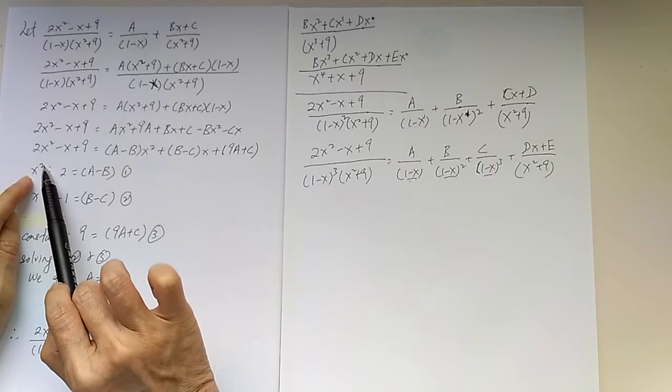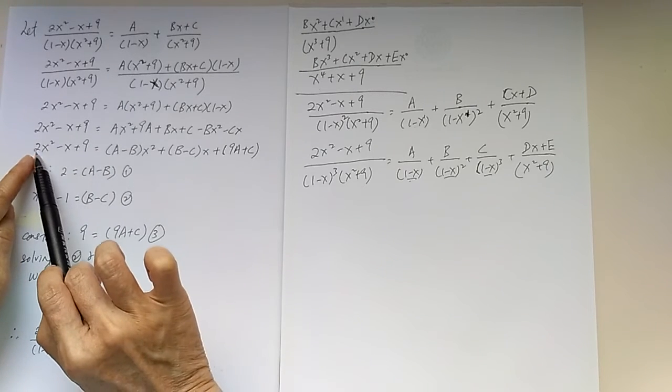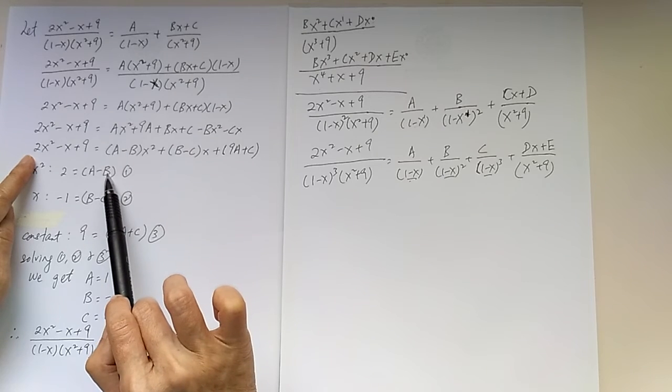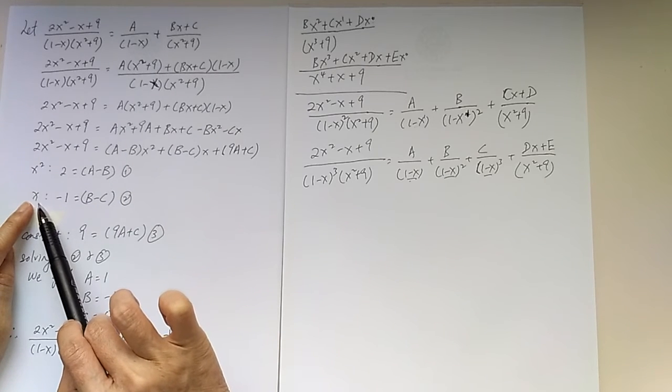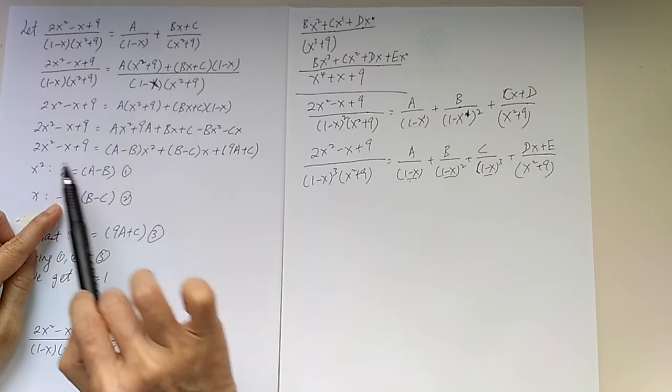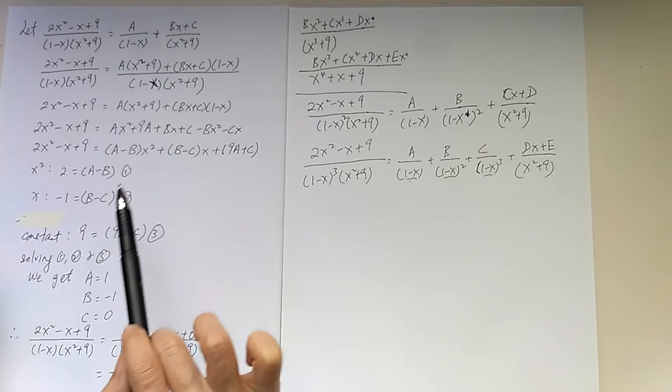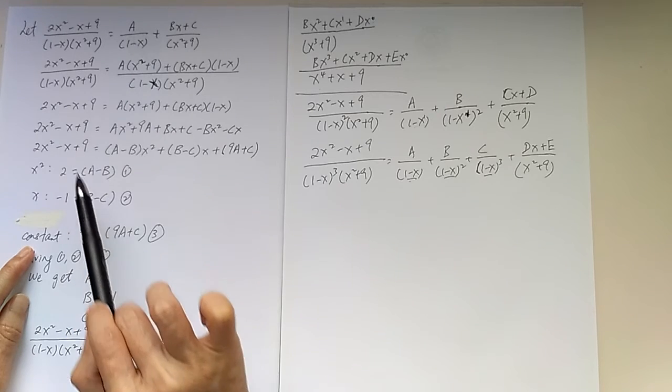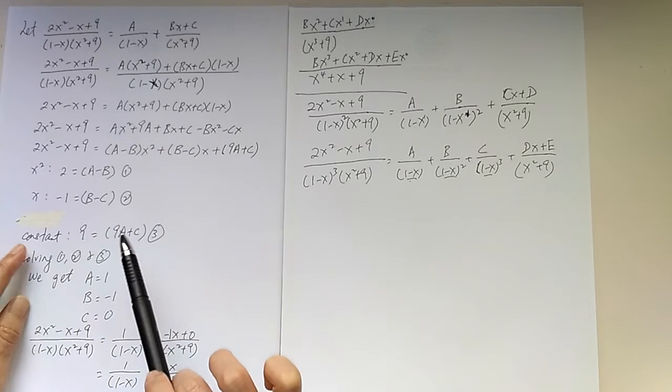For x squared, left is 2, right hand side is A minus B. For x, the coefficient on the left is minus 1, the right is B minus C. Constant, left is 9, the right hand side is 9A plus C.